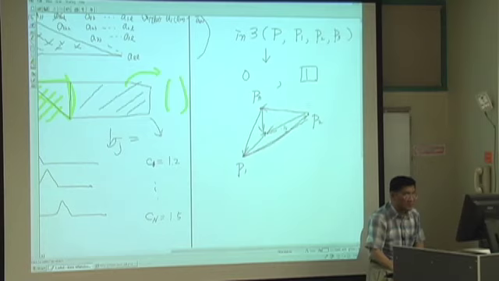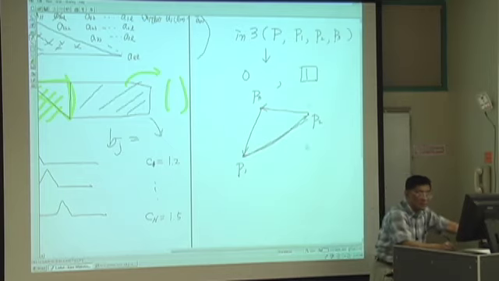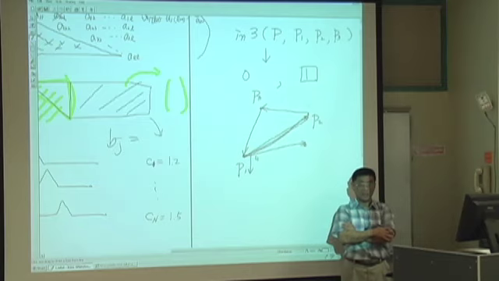Then what happens? Assume that the point is outside, then what happens is this one. The P1, P2 and then P1, P cross product points downstairs. Do you follow me?